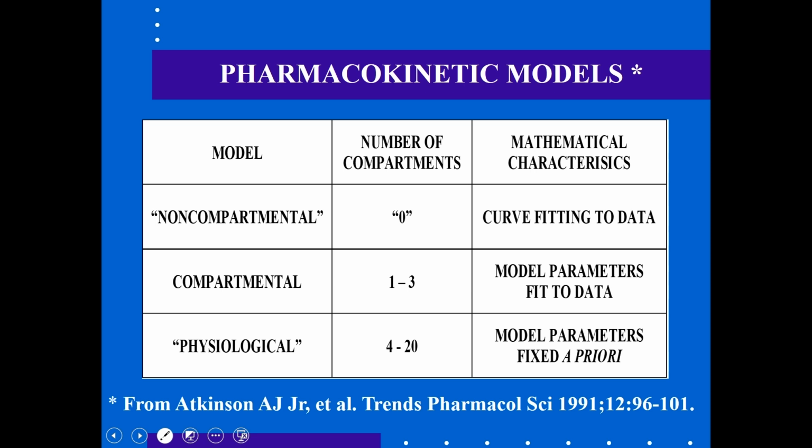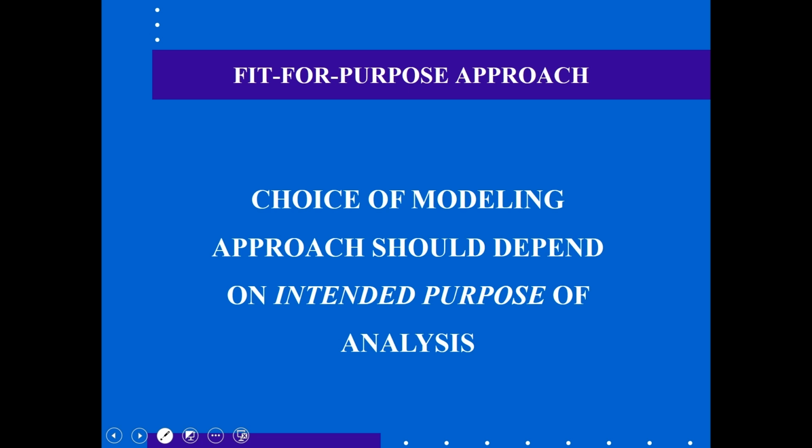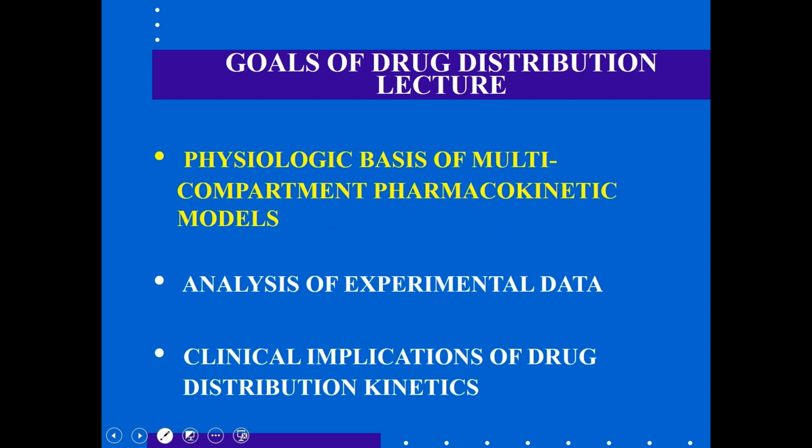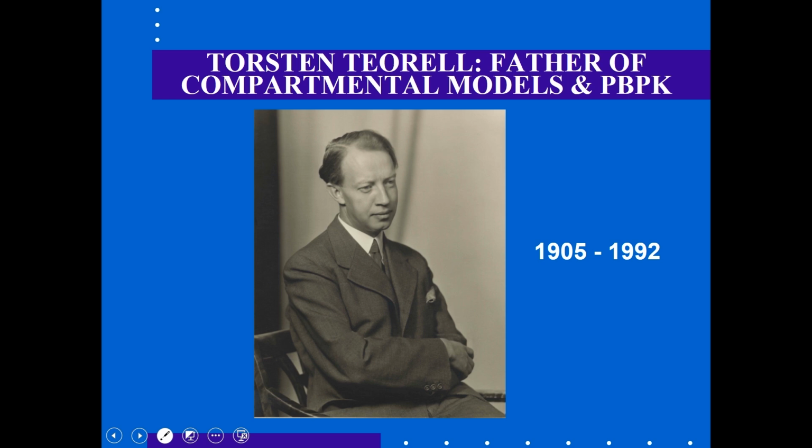Each organ is assigned its own compartment, and the model parameters are found from the physiological literature. I'm agnostic about these modeling approaches and believe that the choice of model should depend on what the intended purpose of your analysis is. But today we'll focus primarily on the physiological basis of multi-compartment pharmacokinetic models.